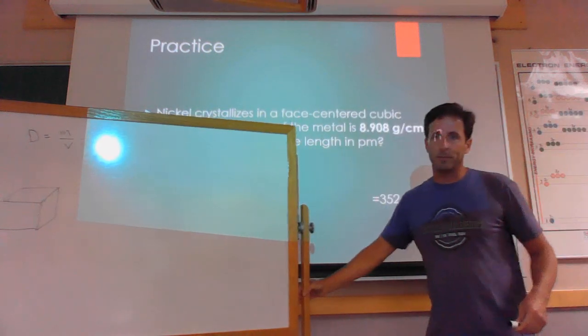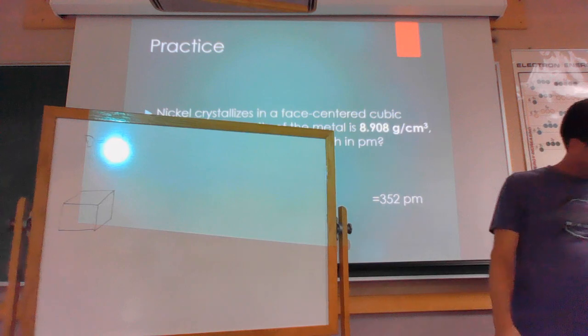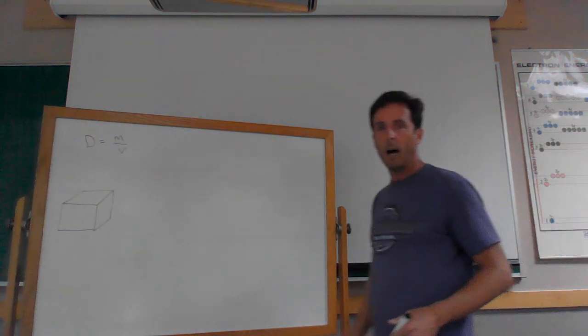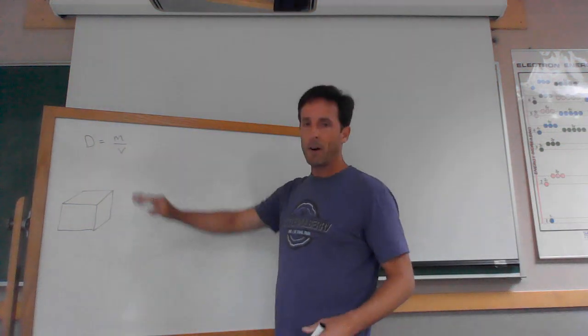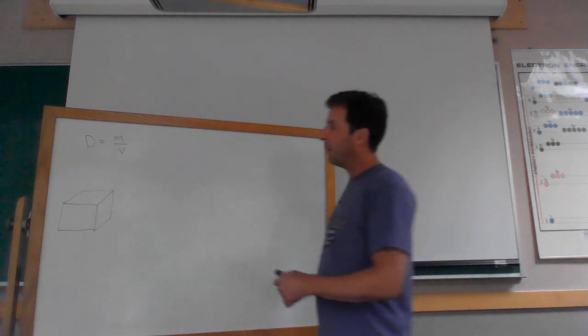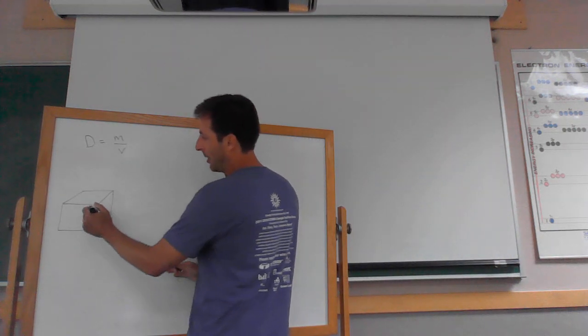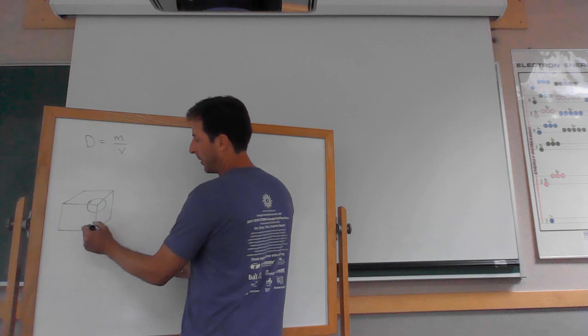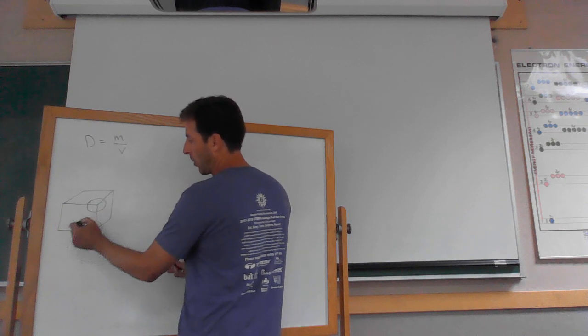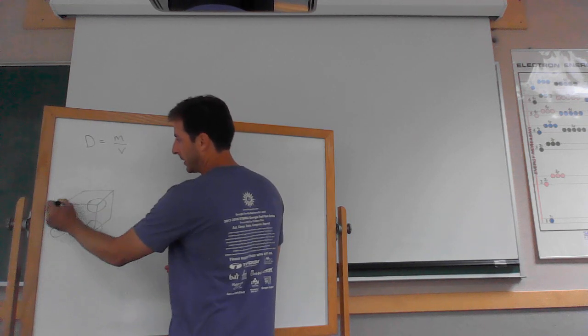So essentially, on my board I've already drawn a cube. We have a face-centered cube, so I know that I have an atom on the corner, and it's actually on all the corners, so I'm just going to draw on the front face.